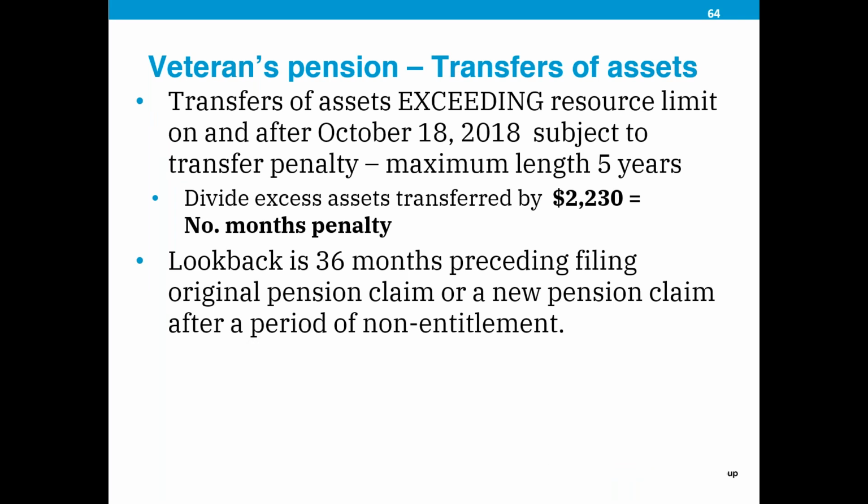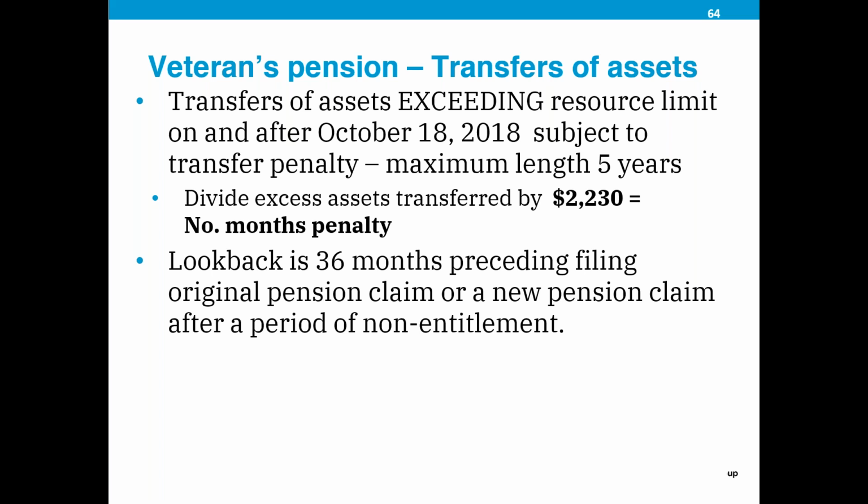And there is a transfer penalty if you transfer assets, maximum length of 5 years. The penalty is calculated similar to the Medicaid nursing home penalty, but with a much less favorable denominator. You're dividing the excess assets transferred by only 2,230.